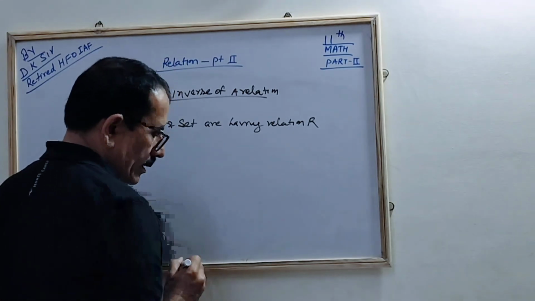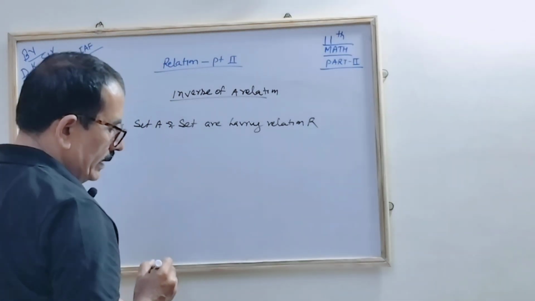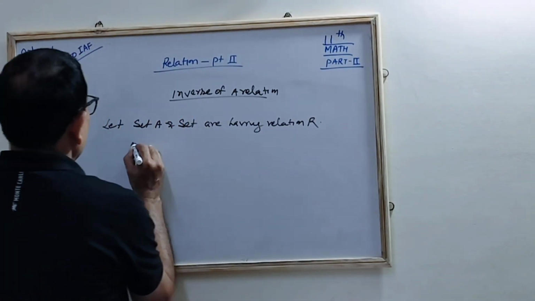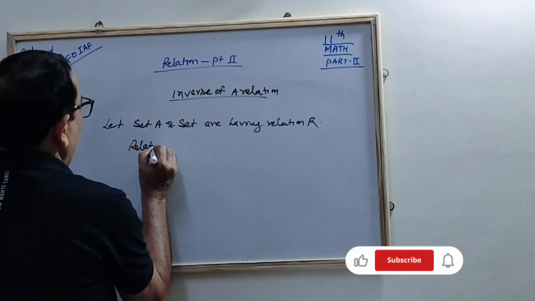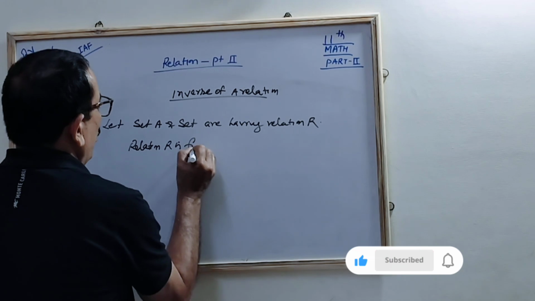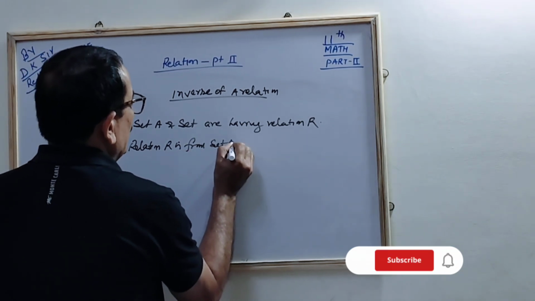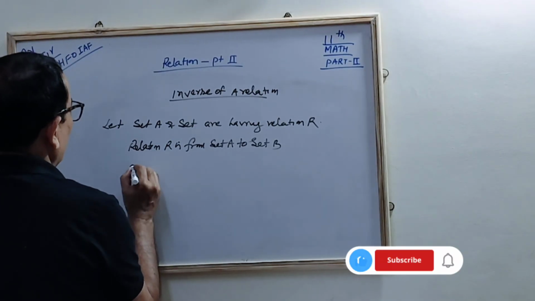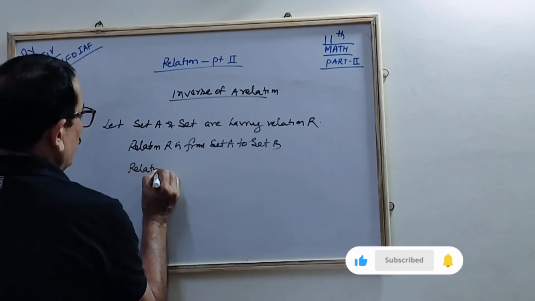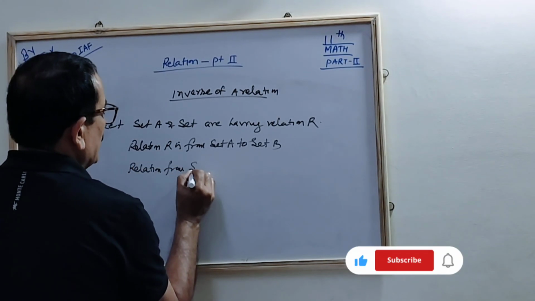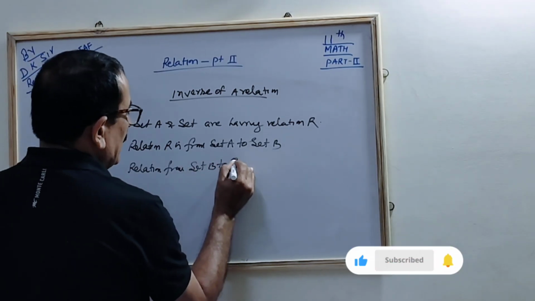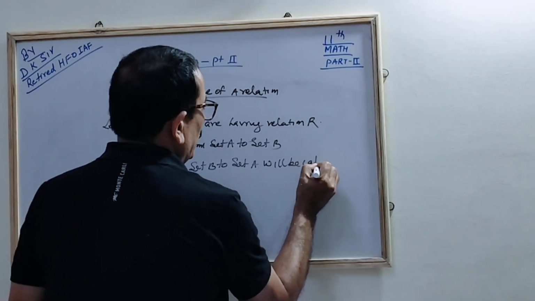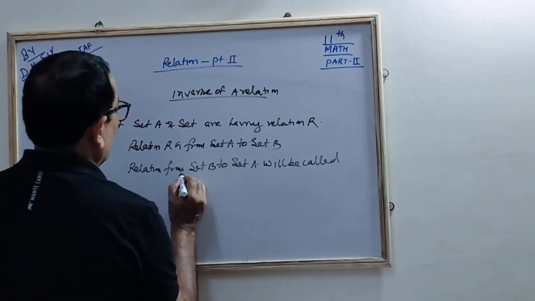The relation R is from set A to set B. Then the relation from the set B to set A will be called the inverse of the relation.